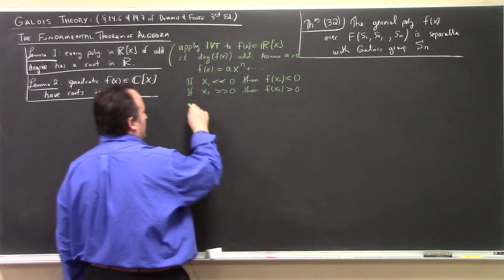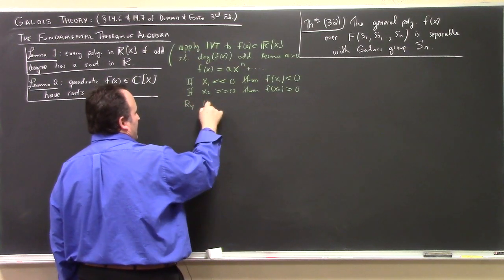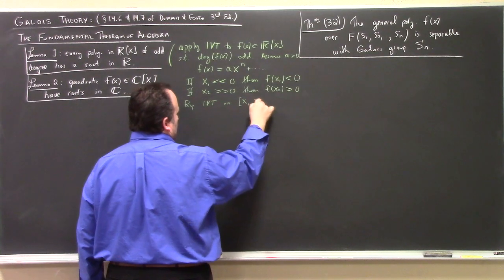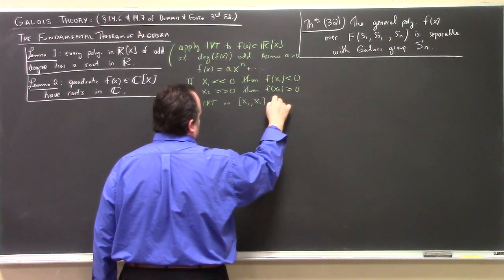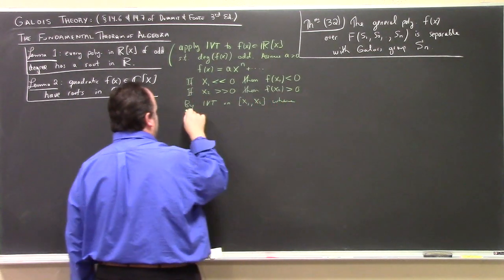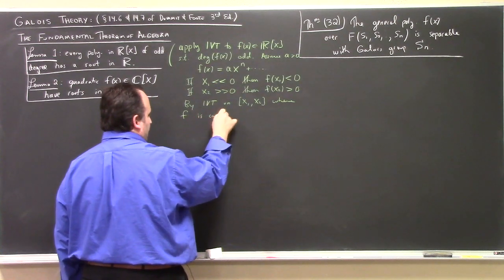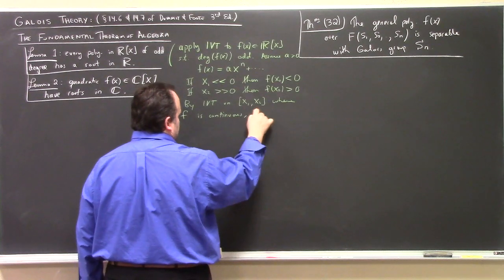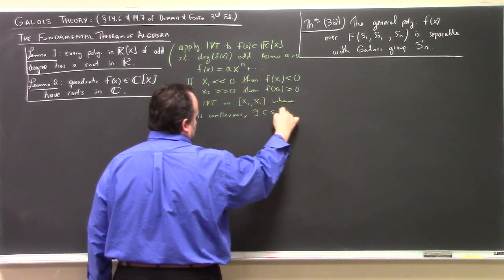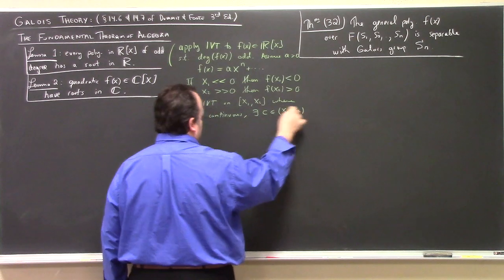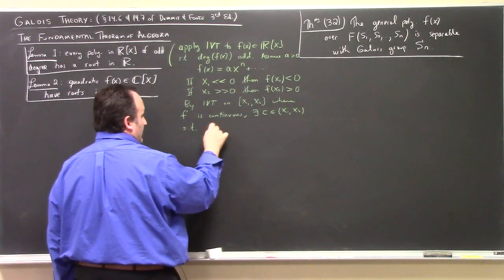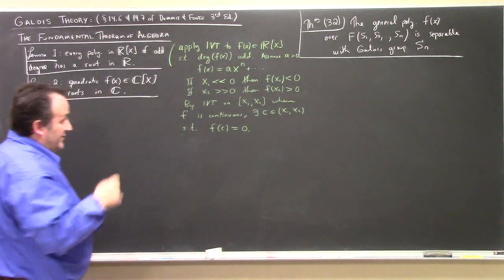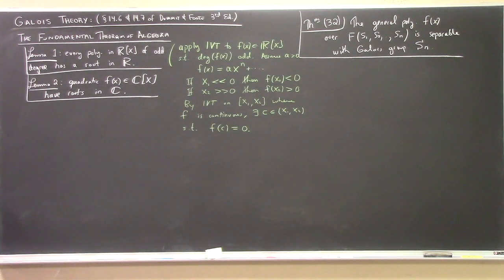So by the intermediate value theorem on x1 to x2, where f is continuous because it's a polynomial, there exists c such that f of c equals 0.